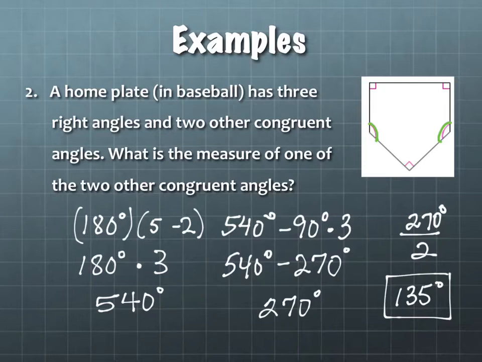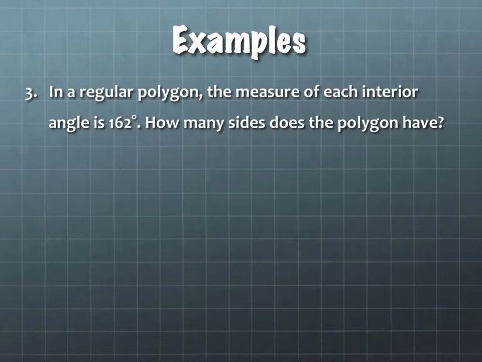Example number 3 has us work in an opposite direction. Instead of actually telling us how many sides our shape has, it tells us what the measure of each interior angle is. So it says the regular polygon, the measure of each interior angle is 162 degrees. How many sides does the polygon have? So we're going to use that same starting point of that 180 times n minus 2.